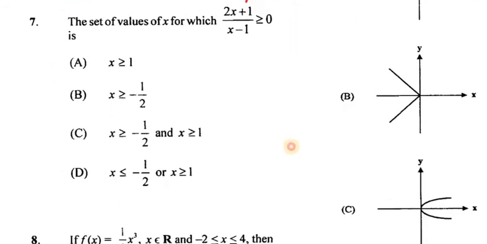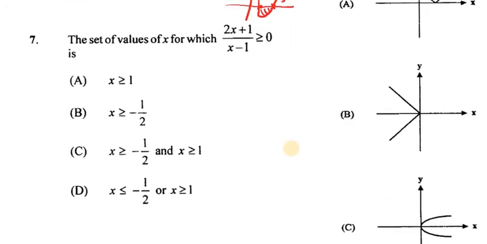Next question here. The set of values of x for which 2x plus 1 divided by x minus 1 is greater than or equal to 0 is, and we have 4 answer choices there. Now what we do here is we multiply both sides by x minus 1 squared.